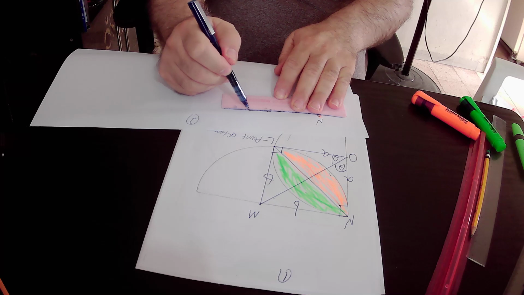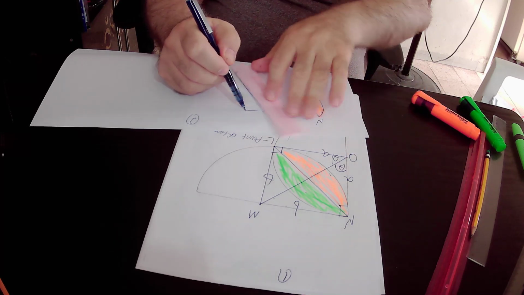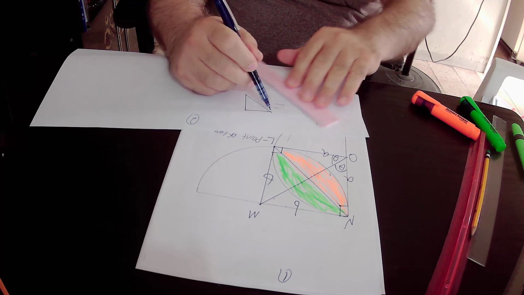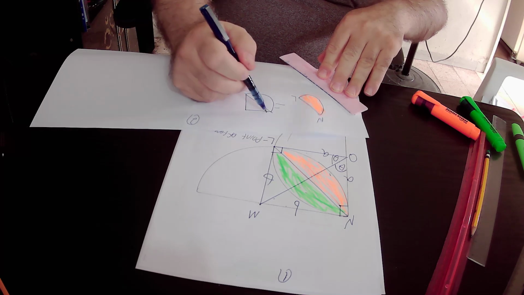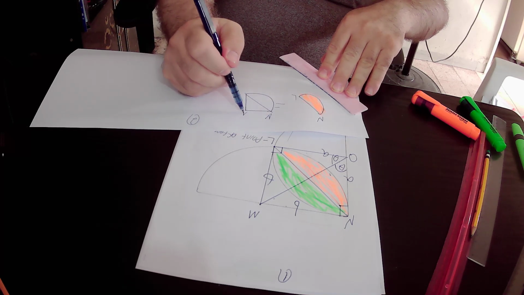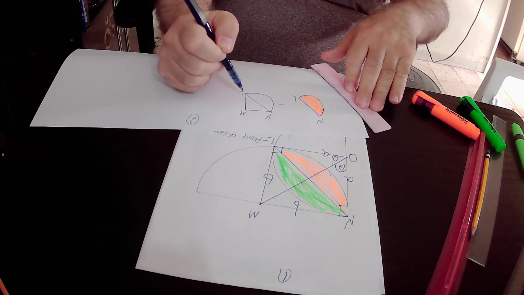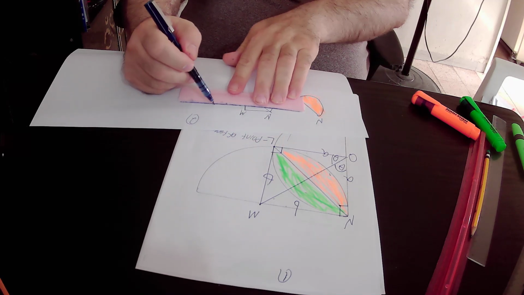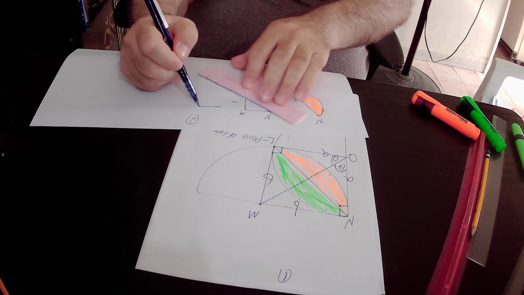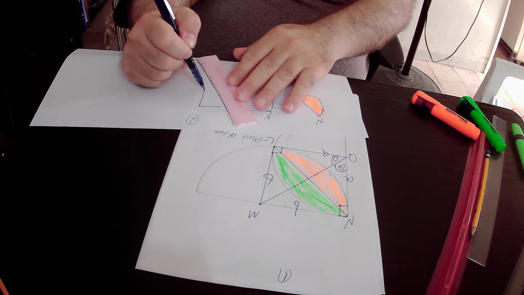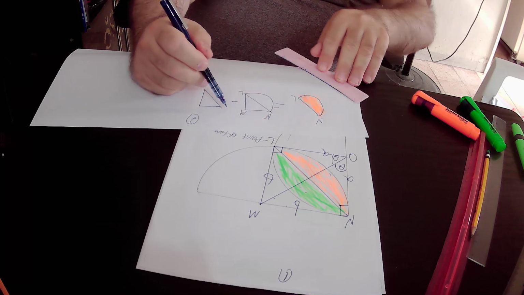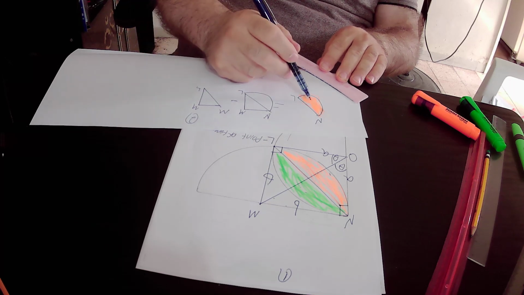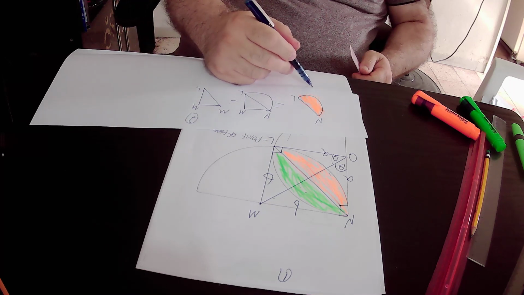The area of sector NML, the area of this sector, this is sector NML, the area of this sector minus the area of triangle NML equals the area of this circular segment NL.